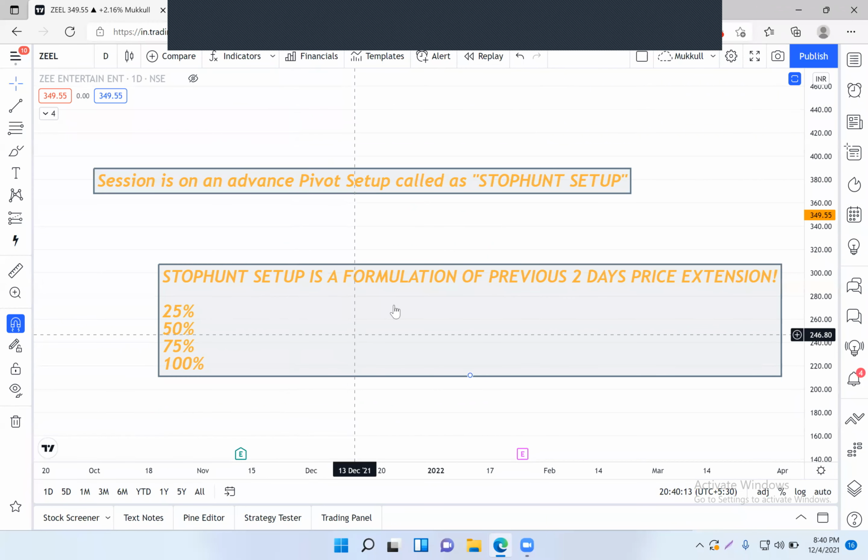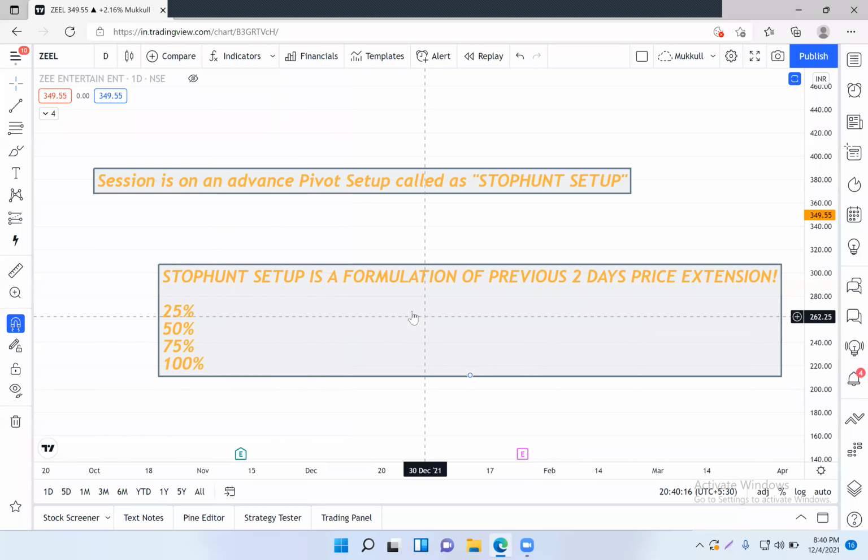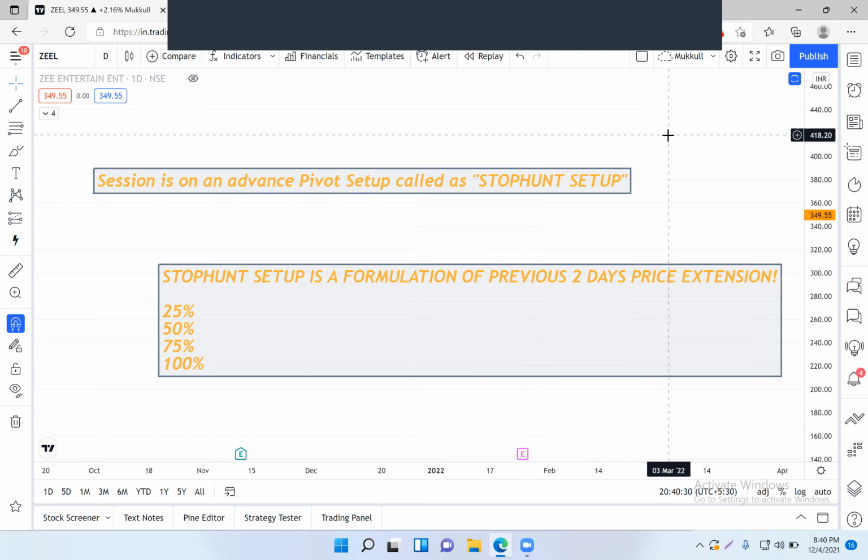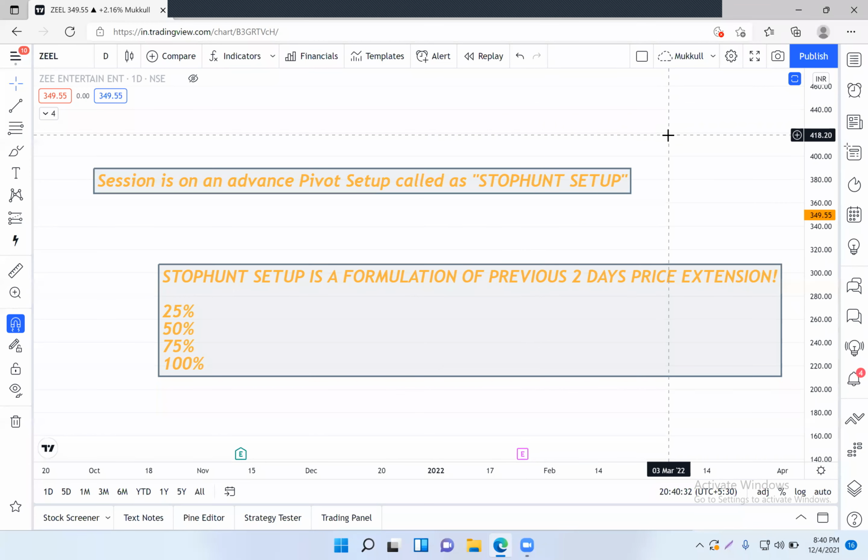Now, this is the formulation of the stop hunt setup. Simple. If you want deep knowledge of this setup, how it is formulated, how it is calculated, how it forms in the form of indicators, you can go to the PivotBoss video materials.